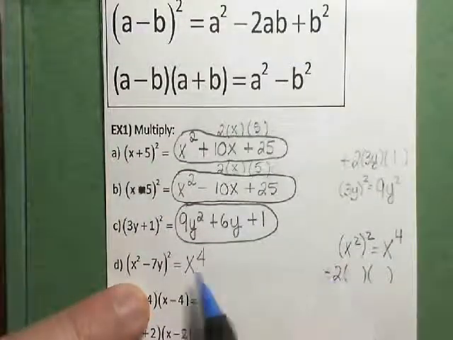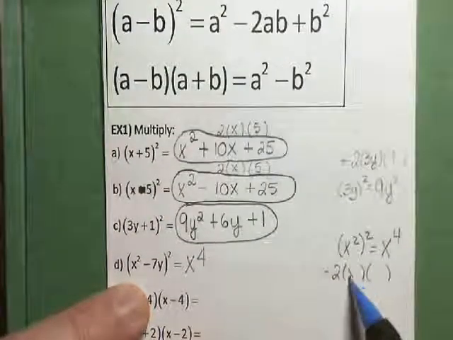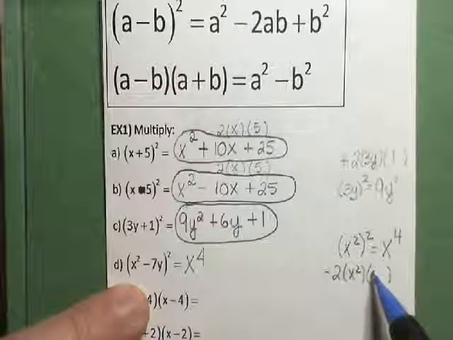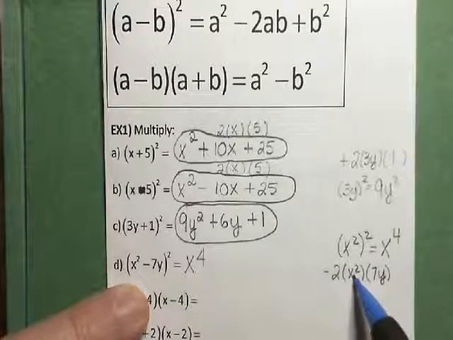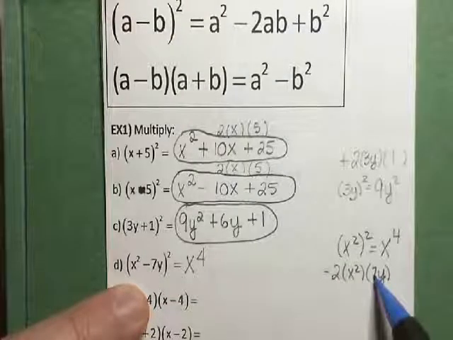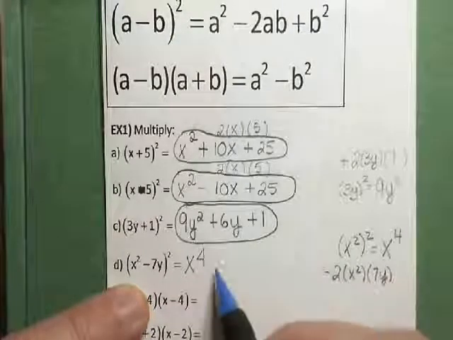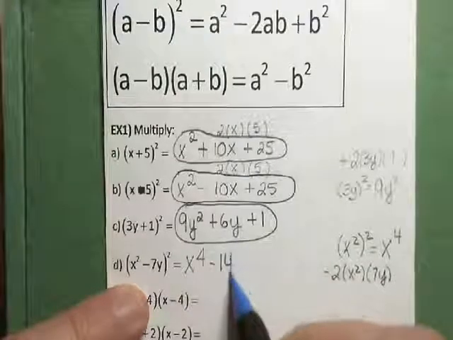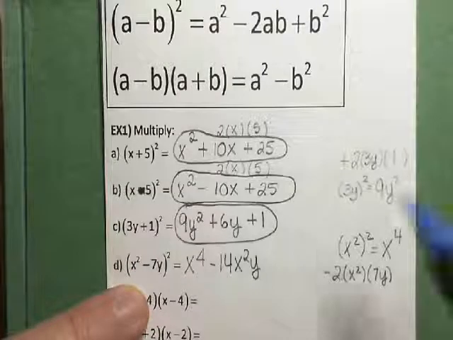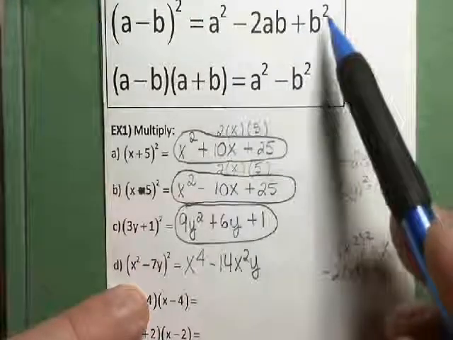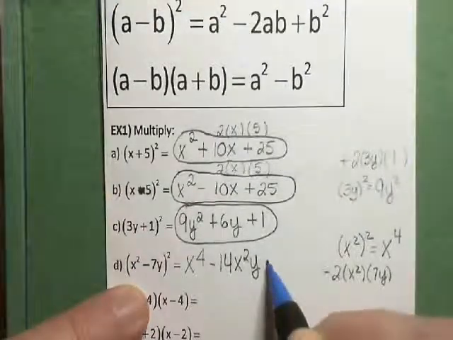So then we're going to do negative 2 x squared times 7y. And this would be 2 times x squared is 2x squared times 7 is 14. So this would be negative 14 x squared y. And the last thing is to put a positive and raise the second to the second power.